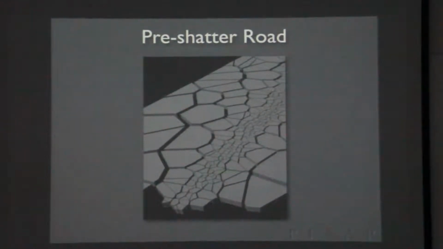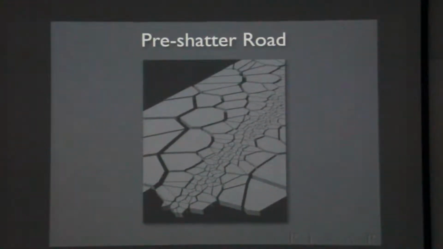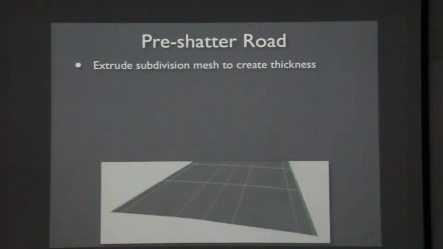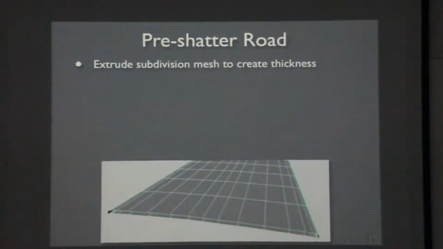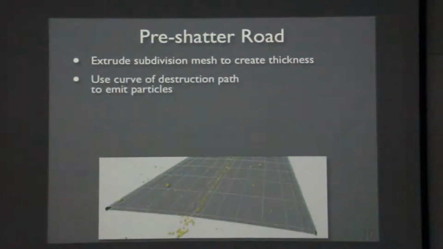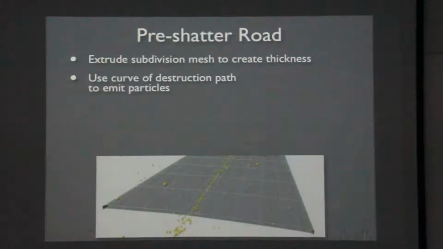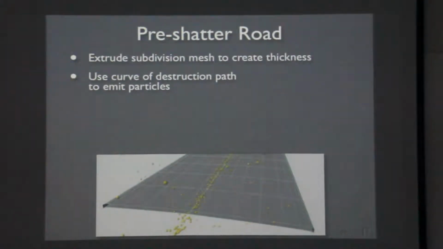So to pre-shatter the road, we start with the subdivision surface that's extruded to create some thickness. Then we took the line that the telephone pole would take and dropped lots of little particles on the surface, so there's just a little particle simulation.